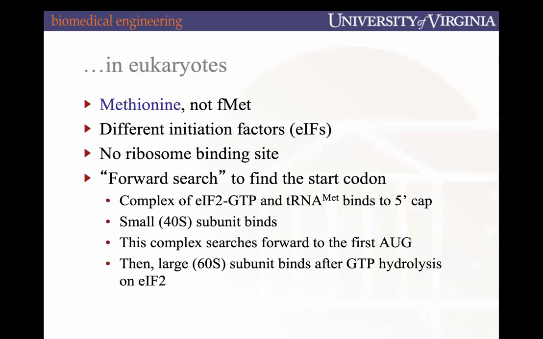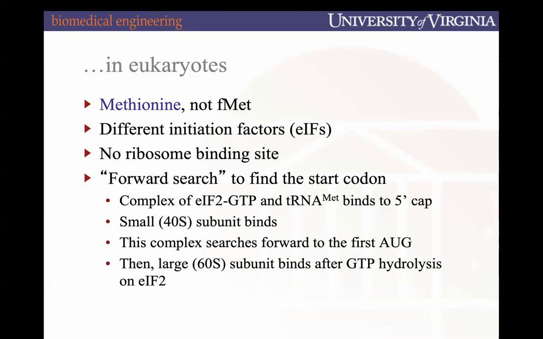Instead, what happens is we have the eukaryotic initiation factors that'll bind to the small ribosome subunit. And there's going to be what's called a forward search where they bind at the 5' cap, and they're going to do a forward search to try and find the start codon. So we'll start all the way at the far end of the 5' end and move forward until they find the start codon.